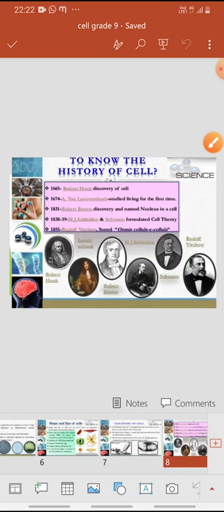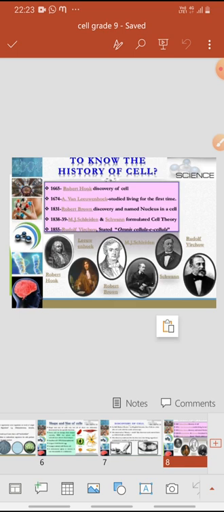To know the history of the cell, we should know the scientists involved. First, in the year 1665, Robert Hooke discovered the cell. In the year 1674, Antony van Leeuwenhoek studied living organisms for the first time. In the year 1831, Robert Brown discovered the nucleus. In the year 1838, Schleiden and Schwann formulated the cell theory.